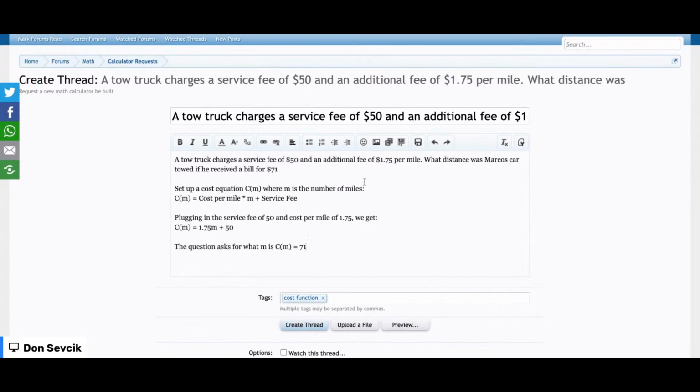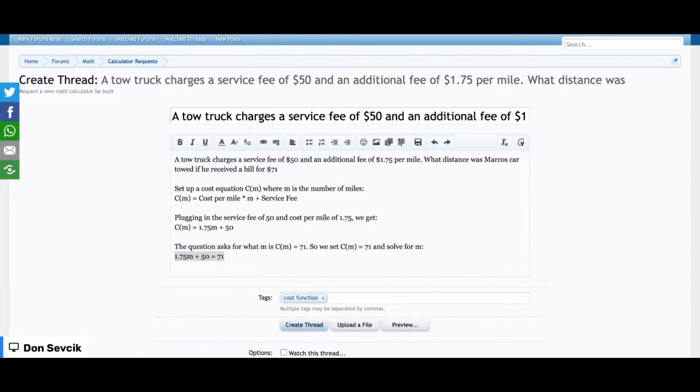So we're told that cost was 71 for Marcos. So C of M is 71. We want to know what M is. So we set C of M equal to 71 and solve for M. I'm going to reverse these because I like my M term on the left side, equals 71.